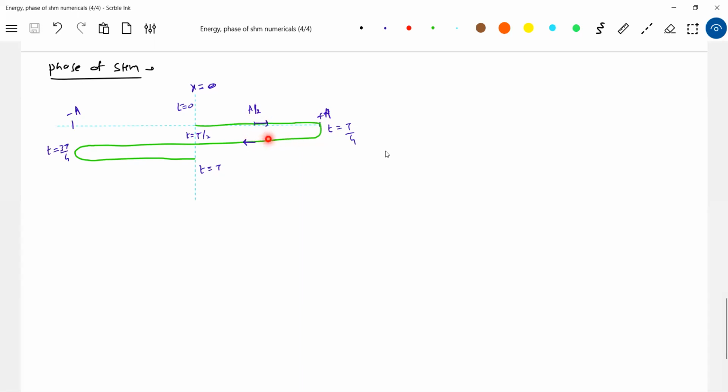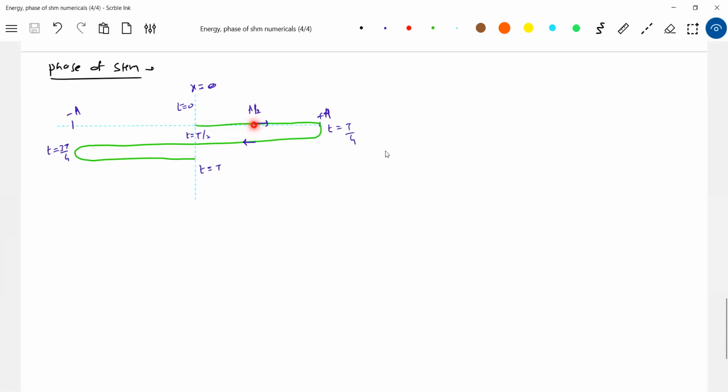So how to differentiate these positions? I can't just say at A by 2 moving away, at A by 2 moving towards the mean position. In mathematics there is no language where you can add or subtract moving away and moving towards. So I need some quantity which will define the instantaneous position.